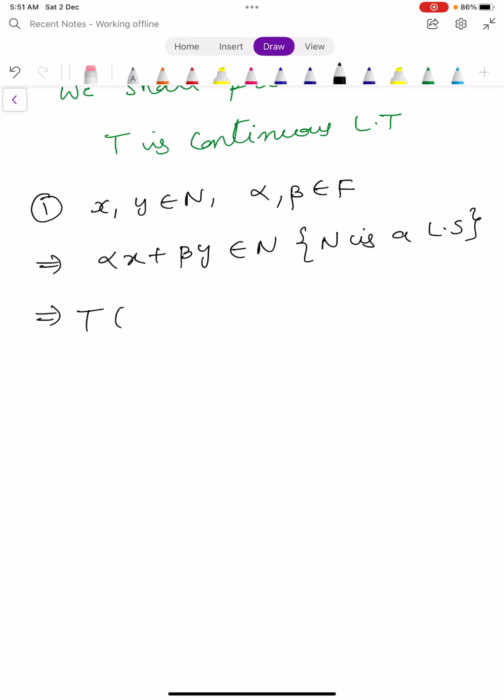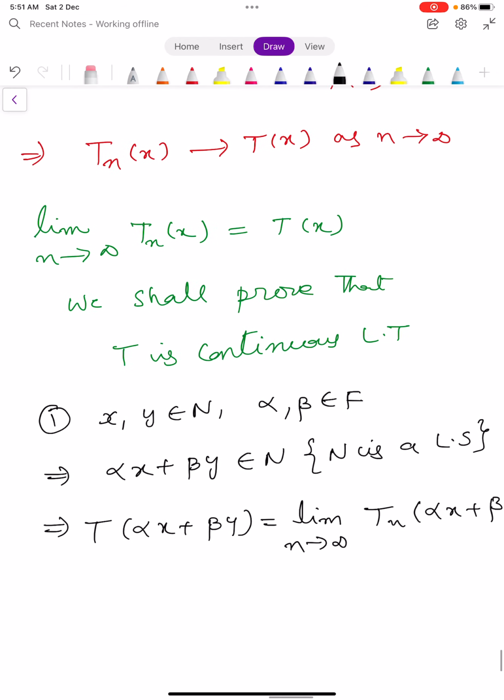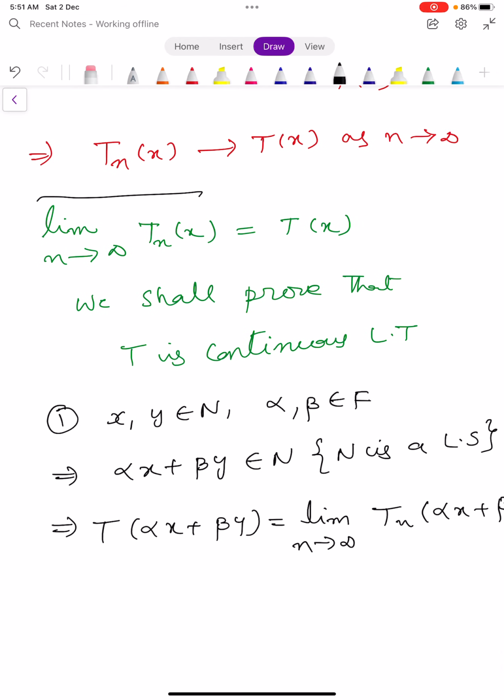Now we consider T of alpha x plus beta y, which is equal to limit n tends to infinity Tn of alpha x plus beta y. We proved the same thing in this step: limit n tends to infinity Tn of x is equal to T of x.